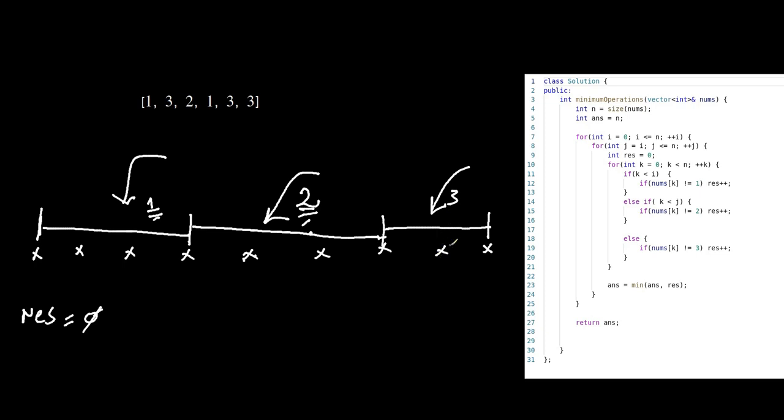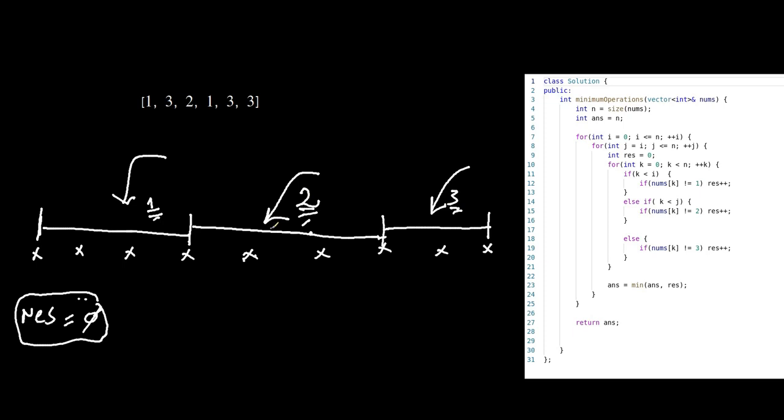If the number doesn't equal 3, we increase the counter. At the end, this counter, or the result, will contain the number of operations we need to make all these segments sorted, by making the first segment equal 1, the second one equal 2, and the last one equal to 3.